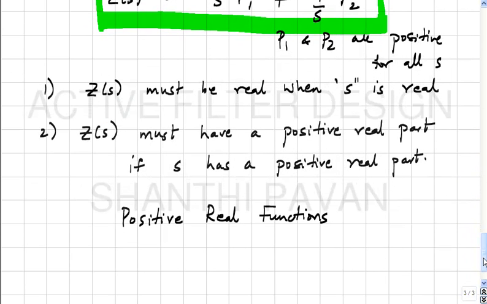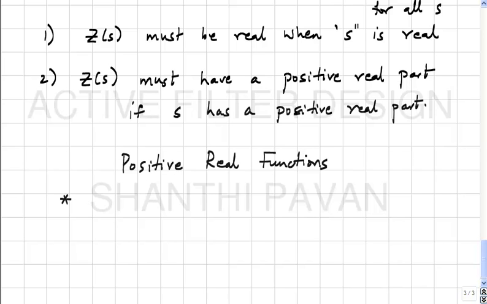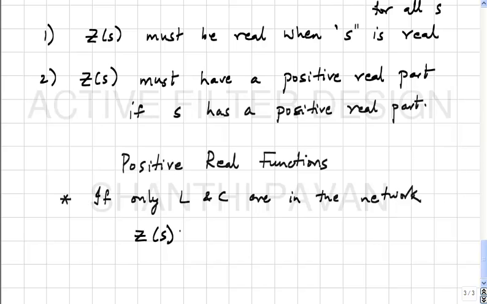All right. So, since we made the observation already, if only inductors and capacitors are in the network, Z of S is what?